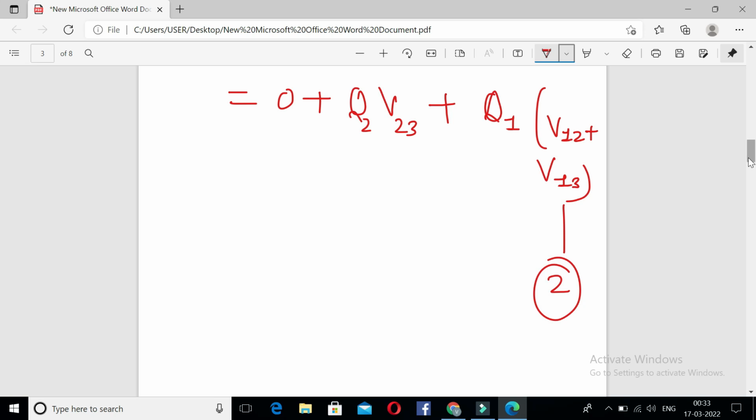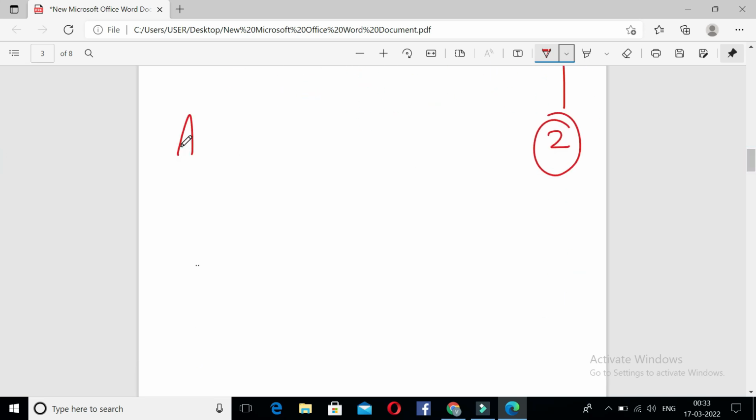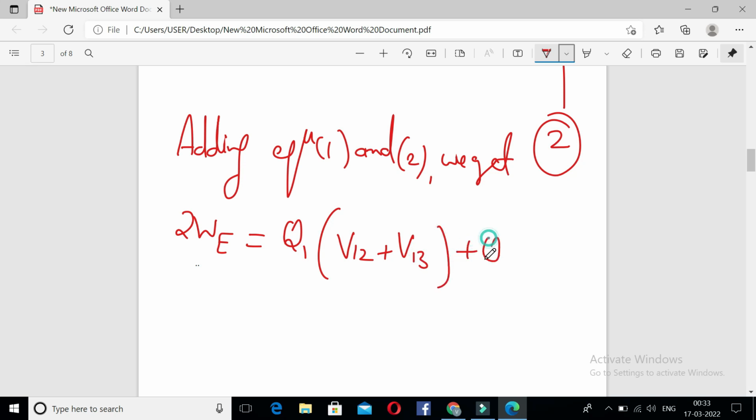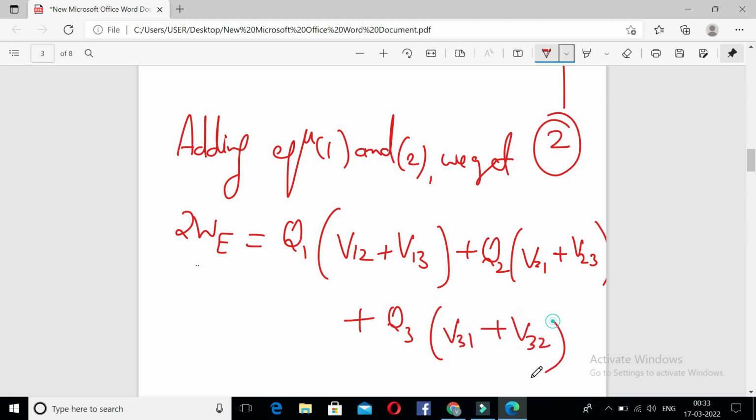Adding equation number 1 and 2, we get 2WE equal to Q1 (V12 plus V13) plus Q2 (V21 plus V23) plus Q3 (V31 plus V32).